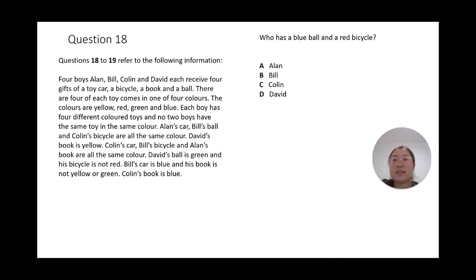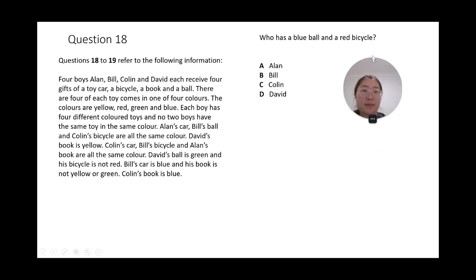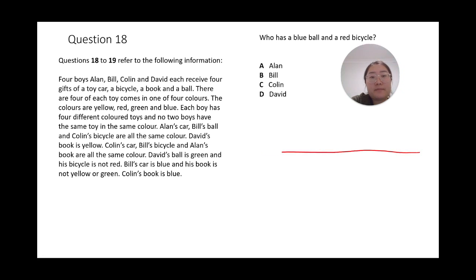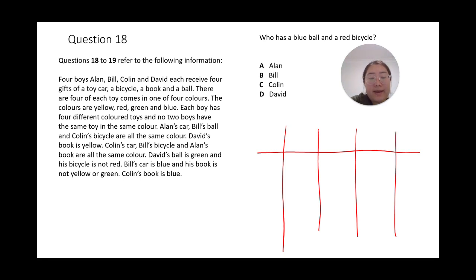Okay, so the next question. 18 and 19 are related. And this one I really highly recommend you set up a table to organize your information. The beauty of this question is that, let me just draw it up while I'm talking. Each boy can only have one color of each toy.